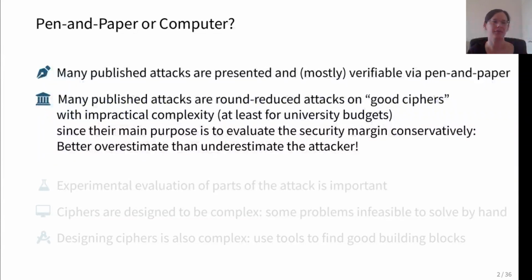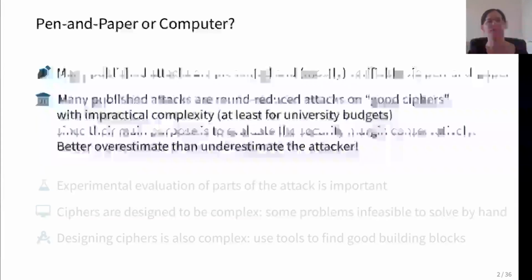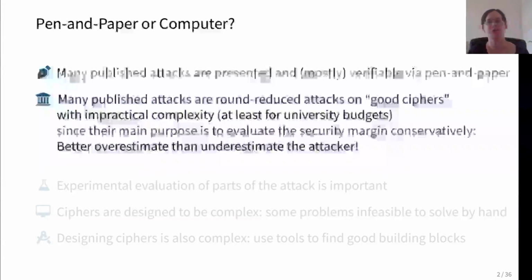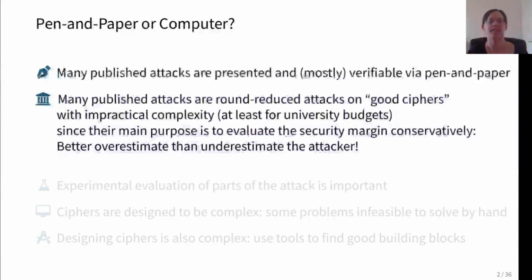And the reason why many of the stuff that we've been looking at has this theoretical nature is that the attacks that we usually publish are typically round reduced attacks on rather good ciphers, so they're relatively strong against attacks. And this means that many of the attacks we're interested in have a very impractical complexity, so they are too high to actually execute, at least if you're working on a university budget like we are.